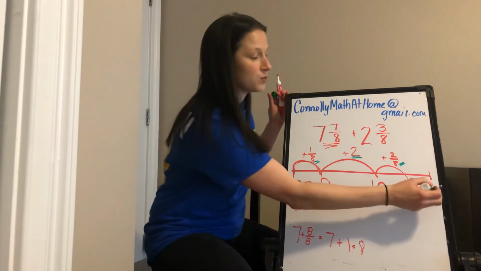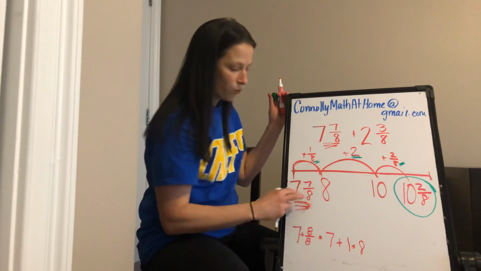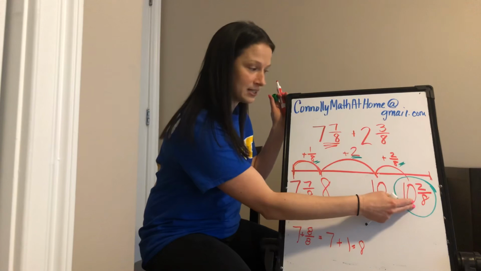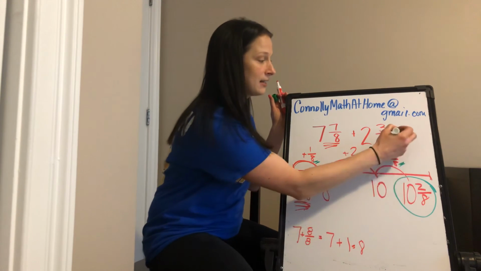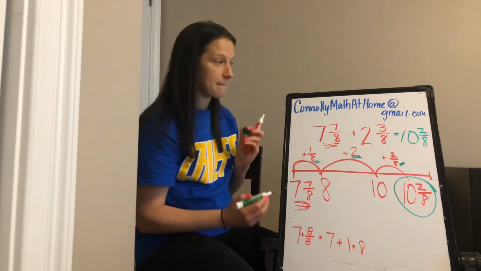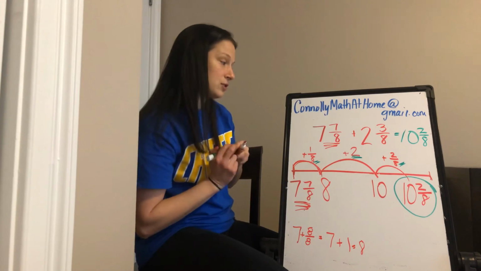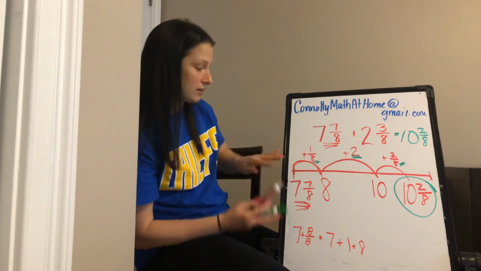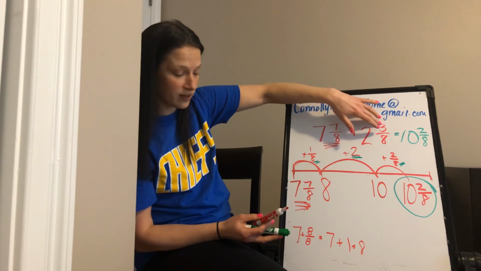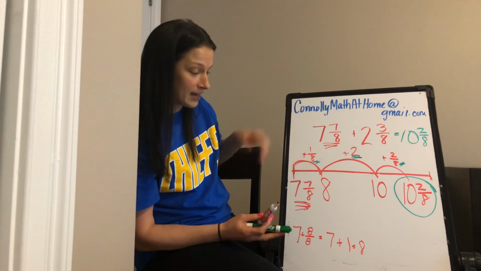My final answer is what I landed on after I started at 7 and 7/8 and added 2 and 3/8. I would be at 10 and 2/8. Okay? You could have added 7 and 7/8 plus 2 and then plus 3/8 as well. Whatever you want to do is fine.